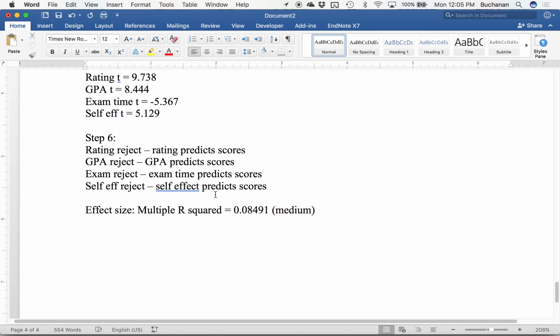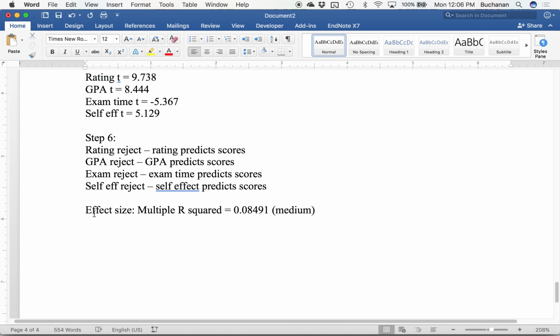So all 4 of these together only predict 8% of the variance in scores, which implies that I'm not really predicting a whole lot of why people are getting the score they're getting, but I'm predicting a significant amount of what they're getting. So practically, I think this is pretty important because it's important to understand how students score the way they do on exams, and maybe we can work on making people do better on the last exam.